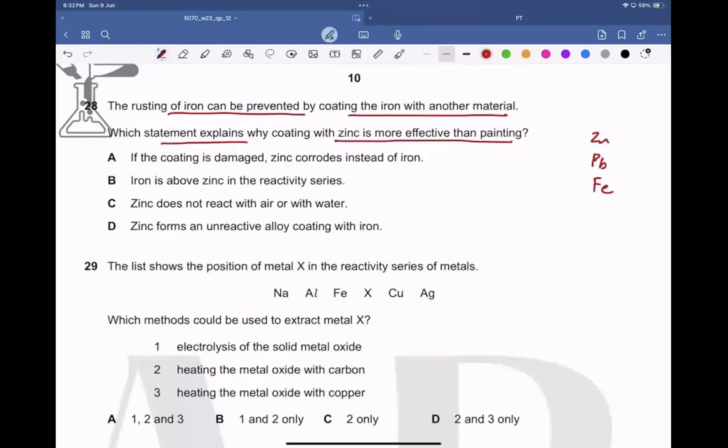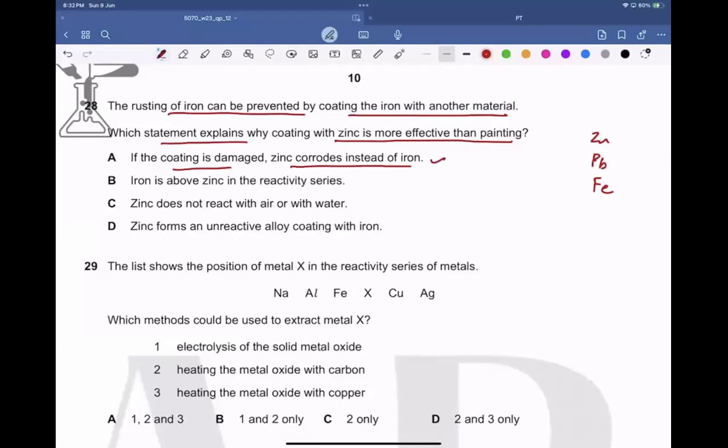So if the coating is damaged, zinc corrodes instead of iron. Yeah, that is correct. Iron is above zinc. No. Zinc does not react with air. No. Wrong. No, not at all. So B, C, and D are wrong, and A is the correct answer.